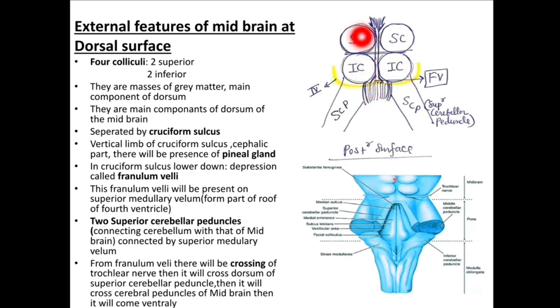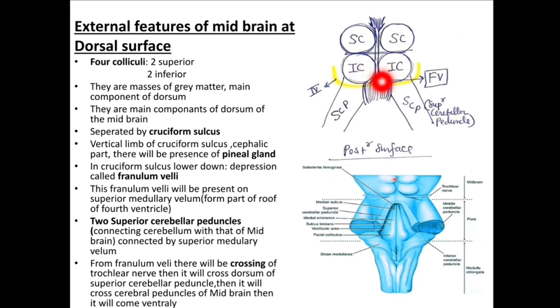These colliculi are separated by the cruciform sulcus. In the cephalic part there is the pineal gland. Lower down in the cruciform sulcus is a depression called the frenulum veli.